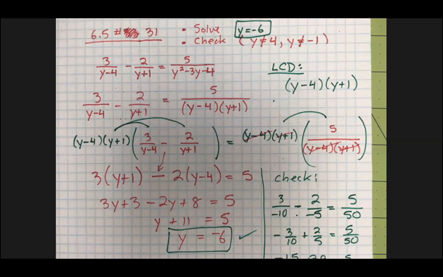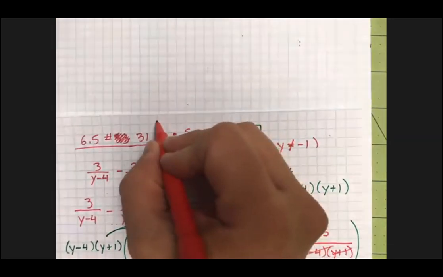I also like 37. 37 looks small, but it's kind of deceptive. I think you should do both 37 and 41, and then a word problem. But which one do I like more? Let's do 37. 37 because it looks smaller.